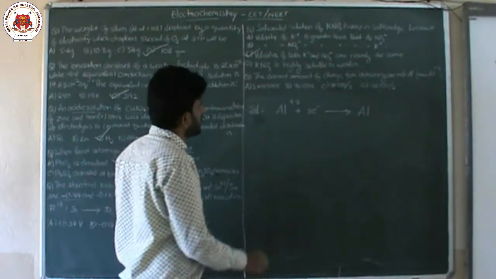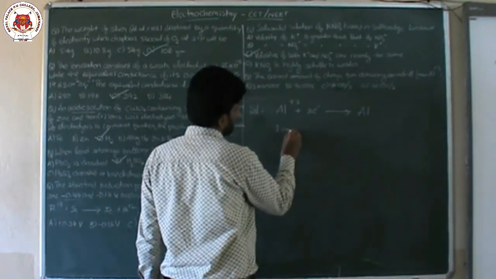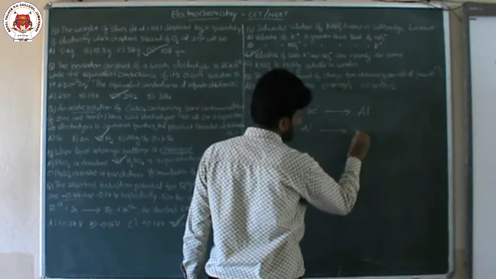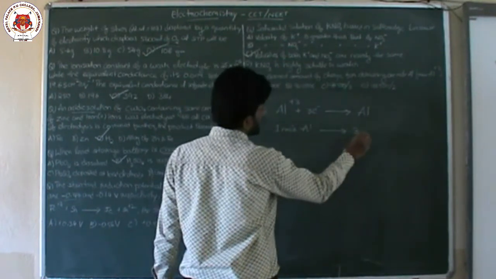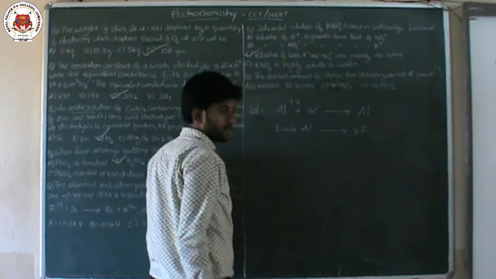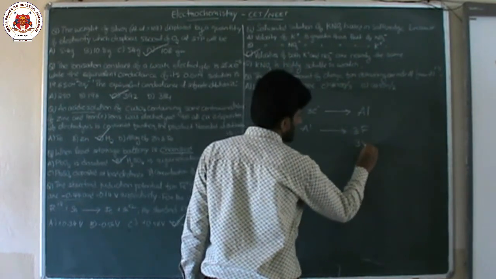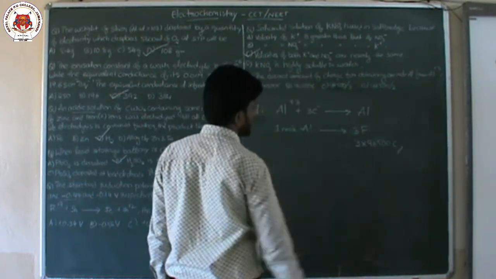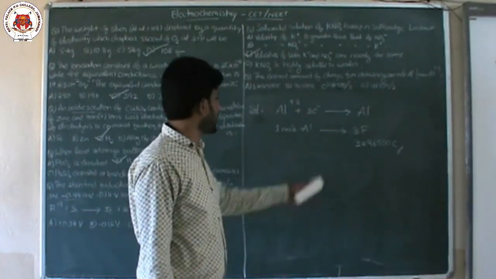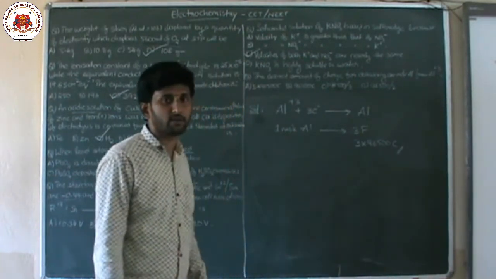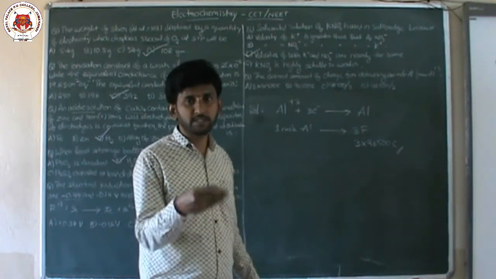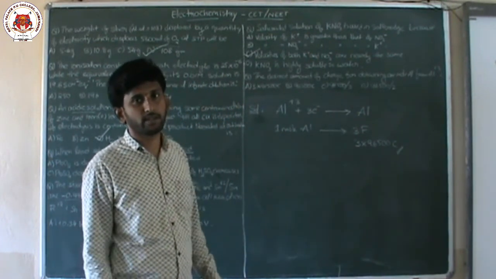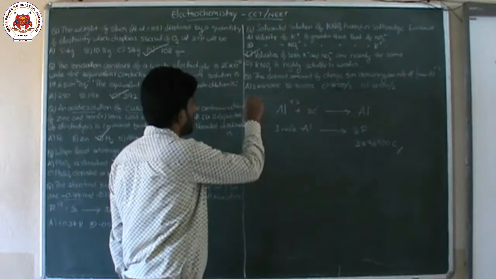That means 1 mole deposition of Al is done with 3 moles of electrons. 3 moles of electrons means 3 Faradays. 3 Faradays means 3 into 96,500 coulombs. So for 1 mole of aluminium, 3 Faradays charge is required, equal to 3 into 96,500 coulombs. That is option A.